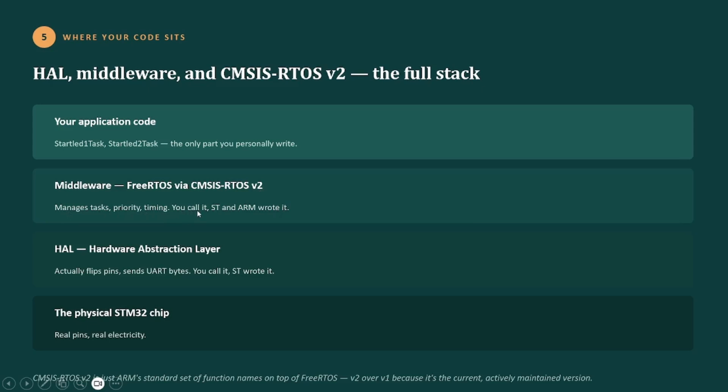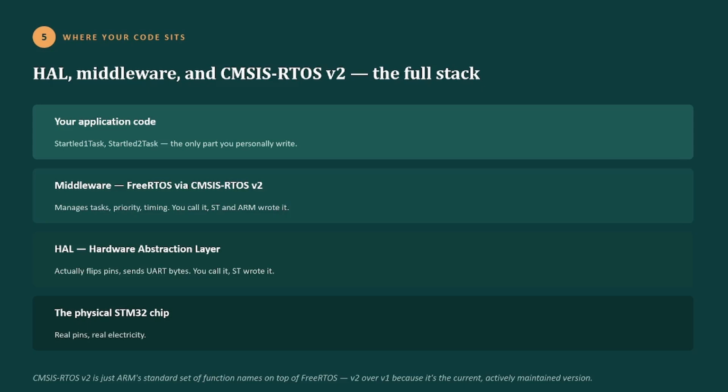You call it, and in the background this function will execute. This will call HAL, the hardware abstraction layer, and that hardware abstraction layer will talk with your physical chip. So you can see it's basically a middle layer which handles communication between the application and the HAL layer.